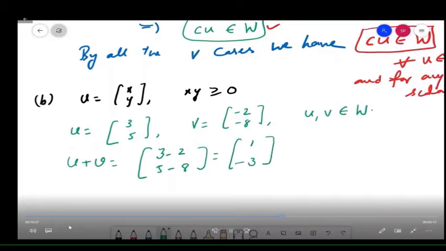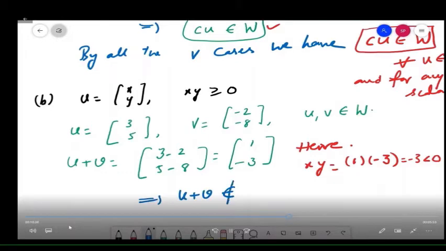But can this u plus v be in W? Here you have (1, -3), that is x into y, 1 into minus 3 is equal to minus 3, which is less than 0. So in this case, u plus v does not belong to W. This is the example that we gave, for which the summation of these two vectors u and v cannot be in W. So can we say now that this set of vectors W form a vector space?